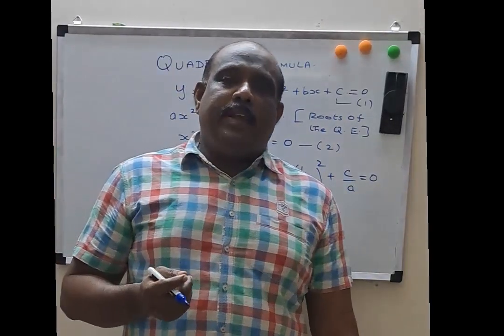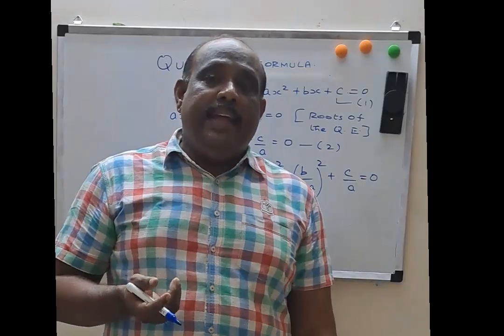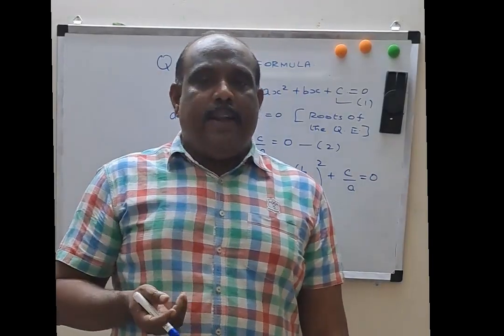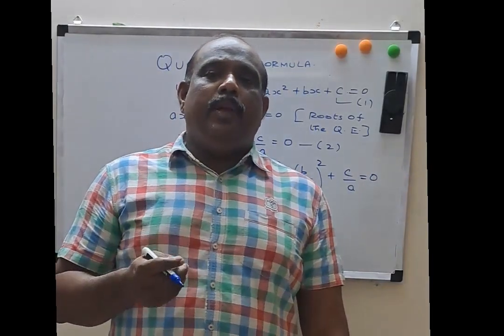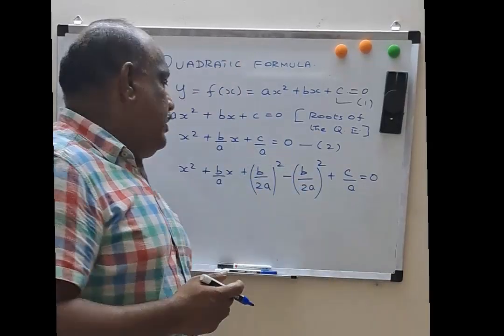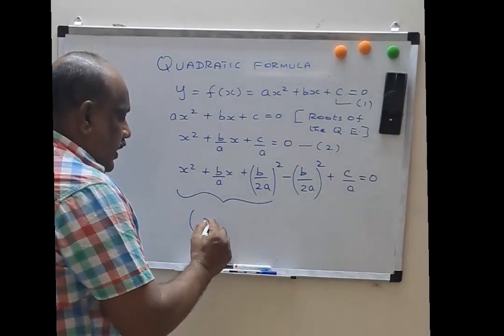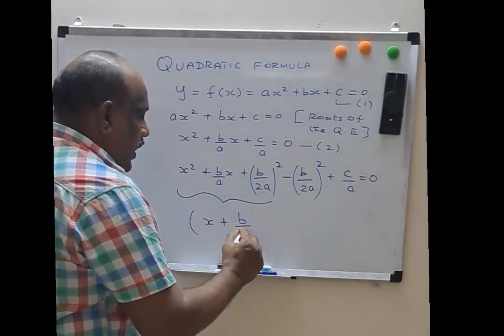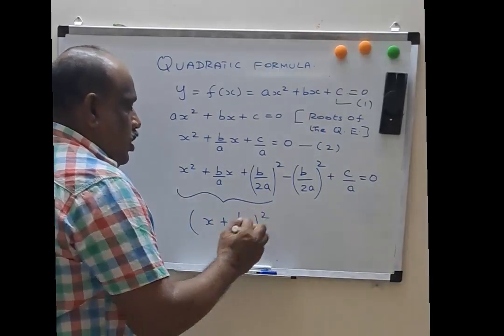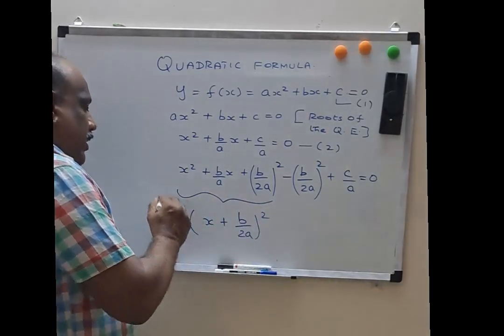You may be surprised to ask me why you are unnecessarily adding b by 2a whole square and subtracting b by 2a whole square once again. The reason is that these three terms can be combined to form x plus b by 2a the whole square.